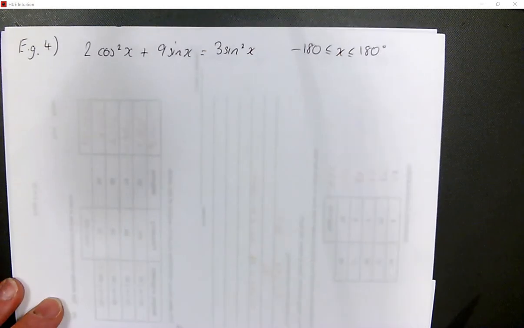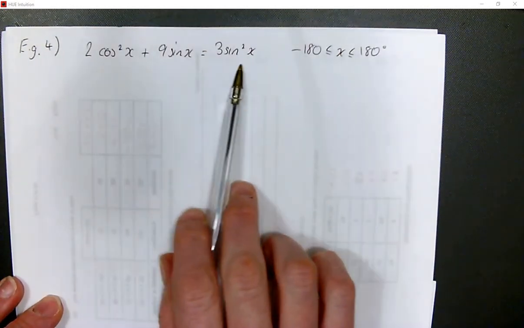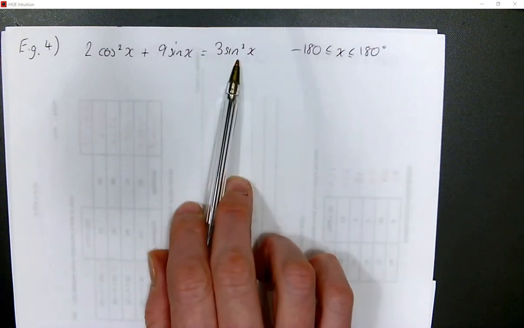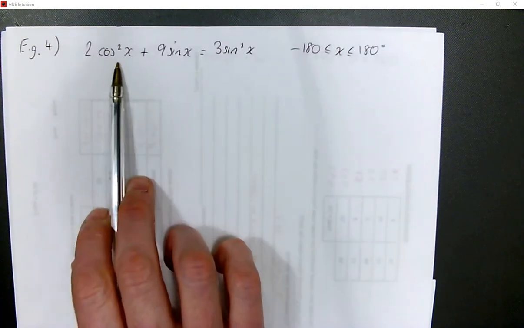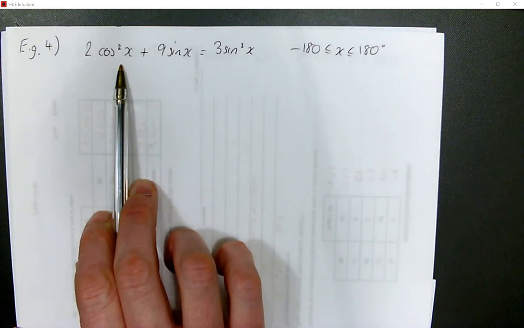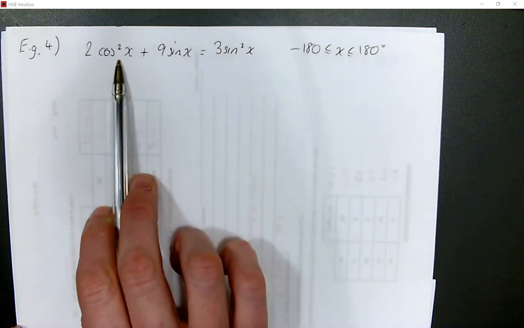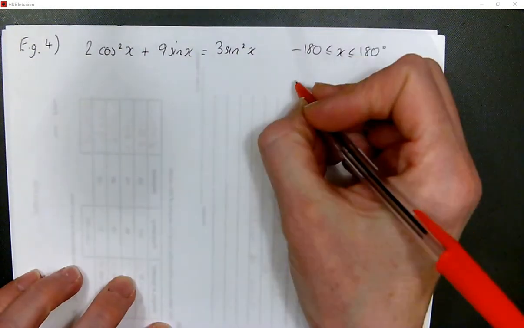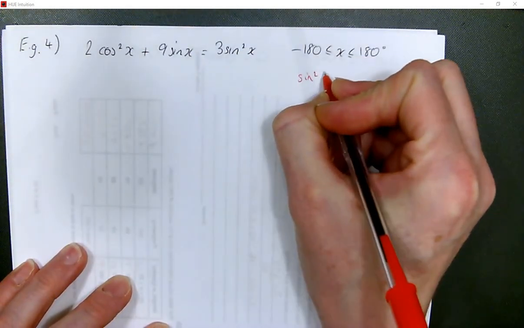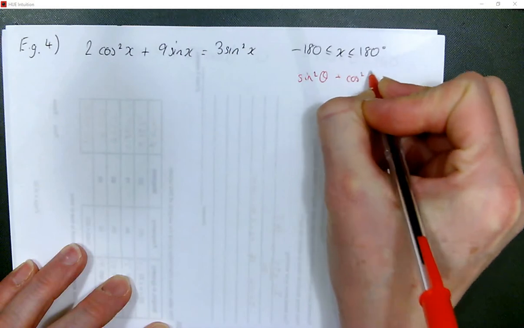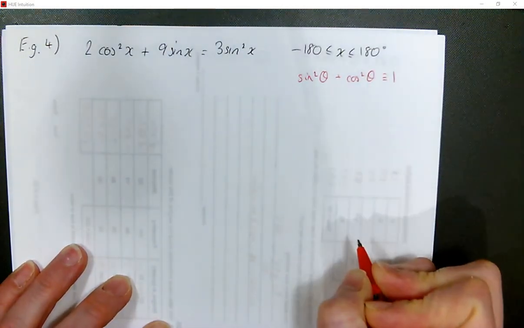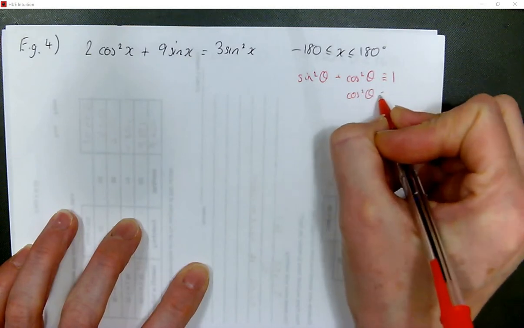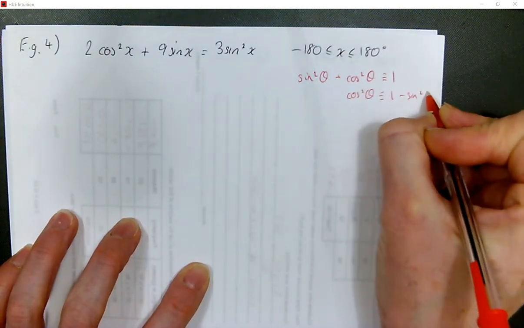Okay, right, this one here is a bit of a change because we have sine and sine squared, so we're thinking hidden quadratic, but we also have cos squared. Now if you have a sine squared and a cos squared, then you can use your identity from the other day: sine squared theta plus cos squared theta is equivalent to 1, from Pythagoras, which means we could write cos squared theta in terms of sine squared theta.